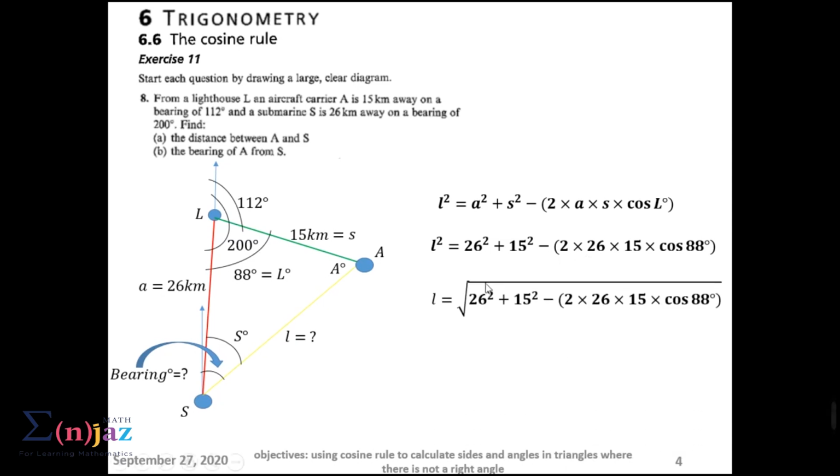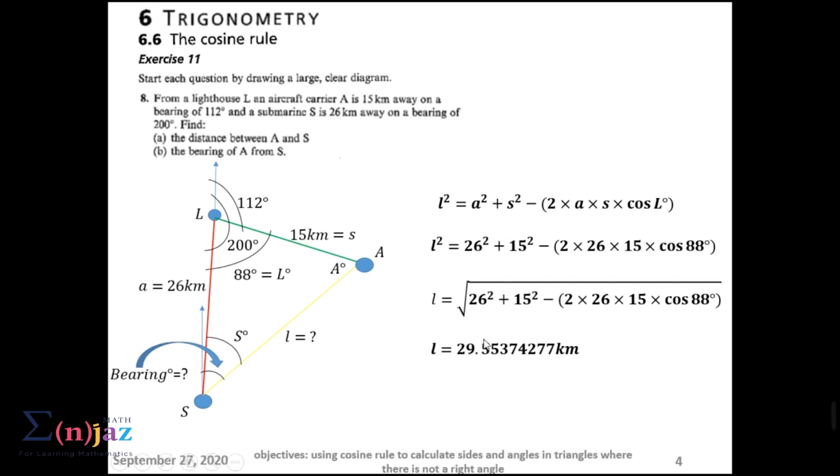So L is equal to the square root of 26 squared plus 15 squared minus, in brackets, 2 times 26 times 15 times cosine of 88. Now this is ready to be inserted in the calculator, and if you do so, you will find L as 29.6 kilometers, correct to 3 significant figures. 2 is the first figure, 9 is the second, 5 is the third.